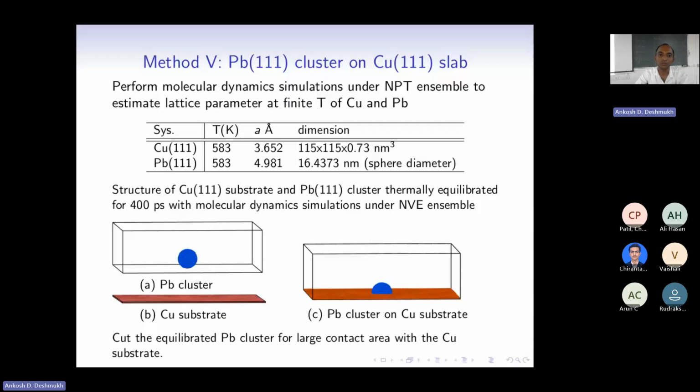Here I have used the temperature 583 Kelvin, which is the experimental value. After equilibration of both substrate and drop, I cut the drop to cover the maximum area so that it will stick to the substrate during the simulations, to start the simulations.